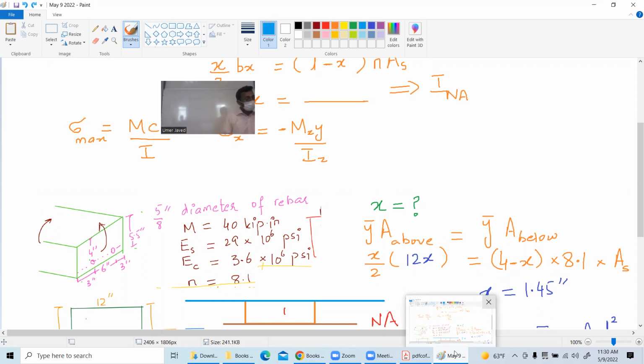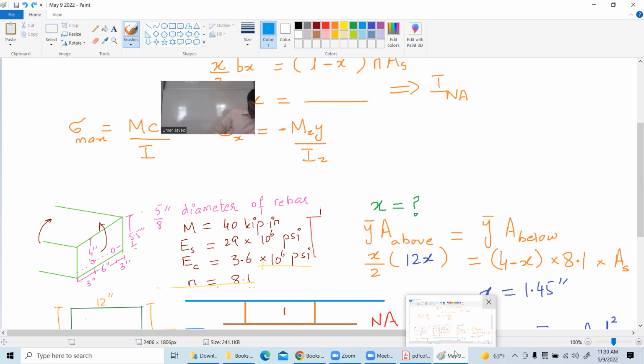Stress is equal to M multiplied by the distance from the neutral axis divided by I. Now I want to find the maximum stress in the rebars. So 4 minus X is this distance, of course, from the neutral axis all the way up to the rebars.